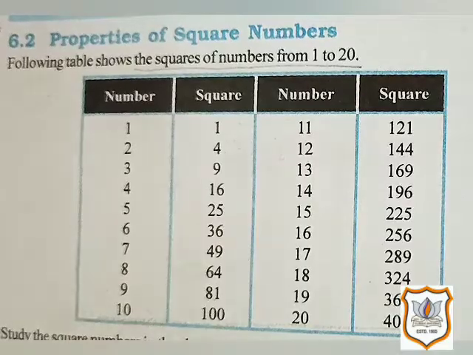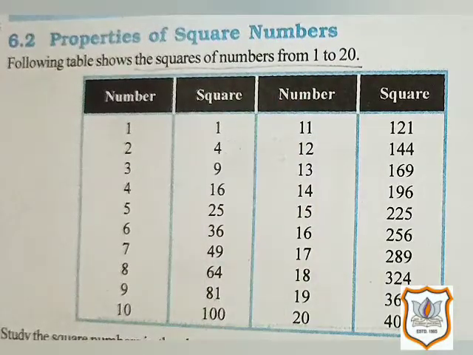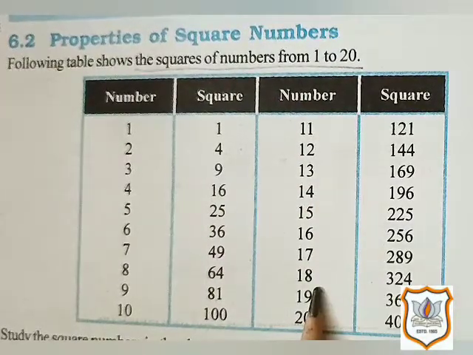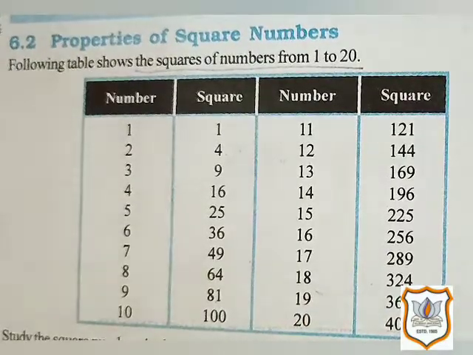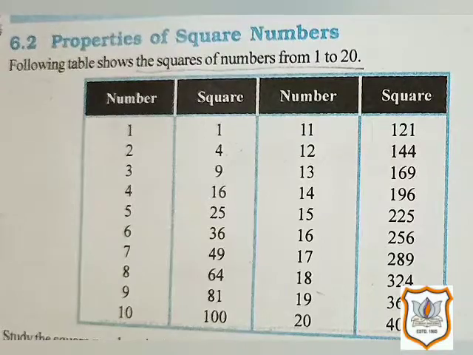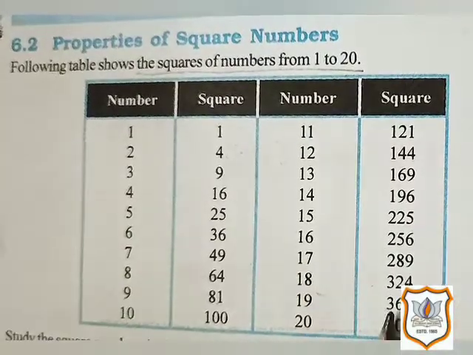Now we will study the properties of square numbers. So students, you can see this table. In this table there are the squares of numbers from 1 to 20. So students, you have to learn all these square numbers.